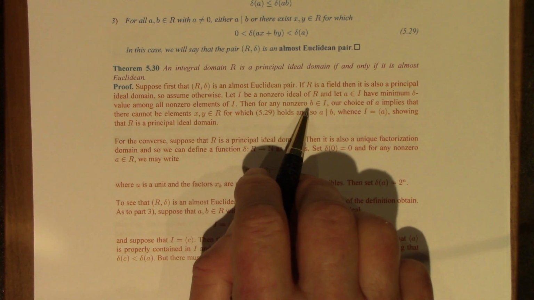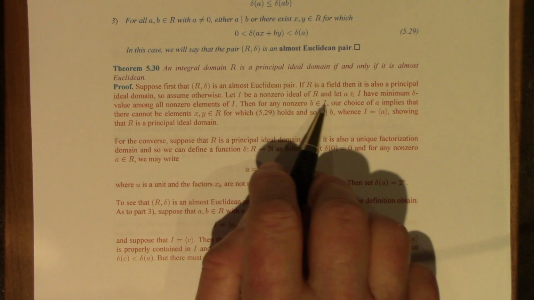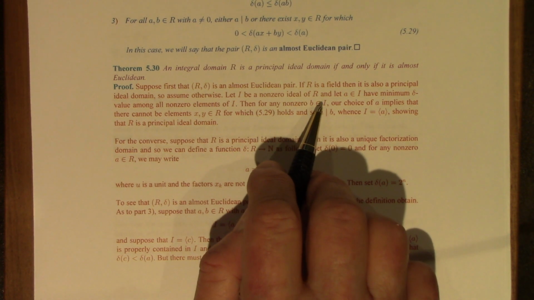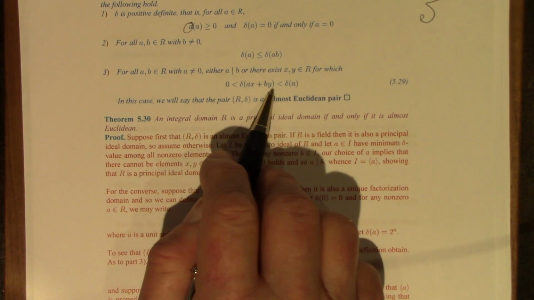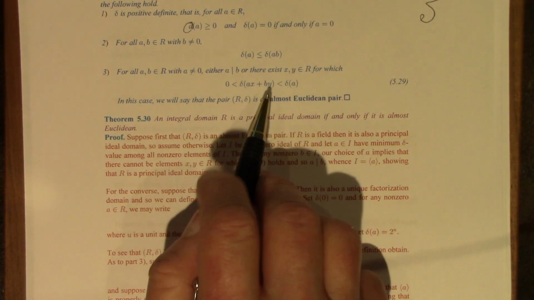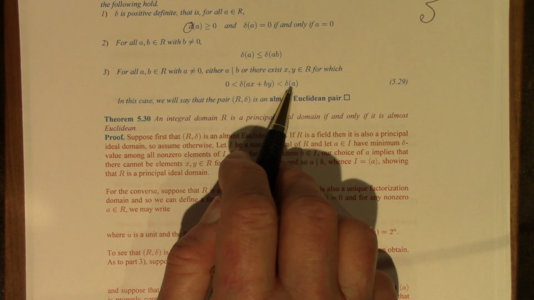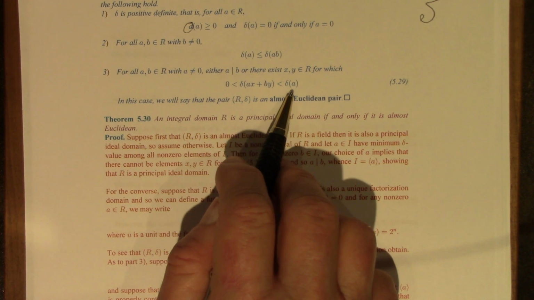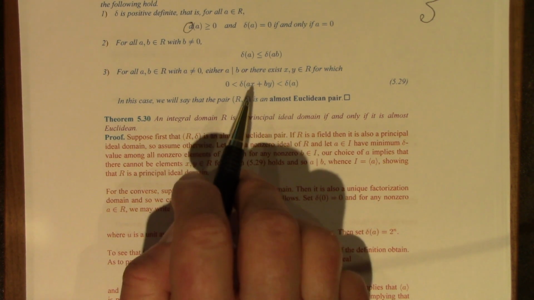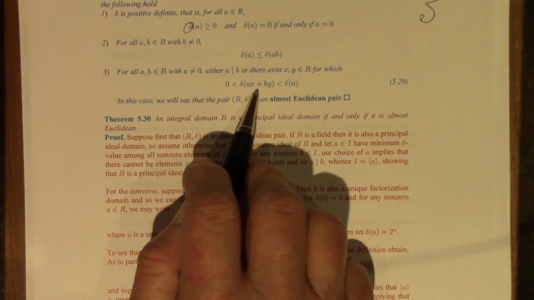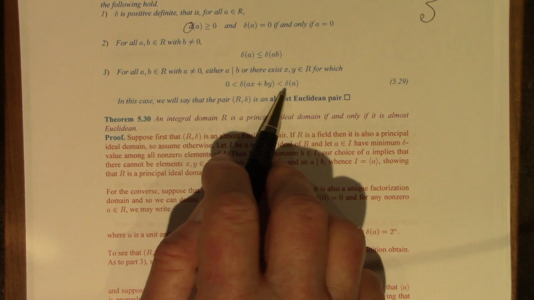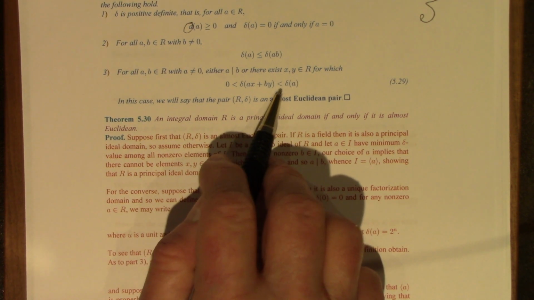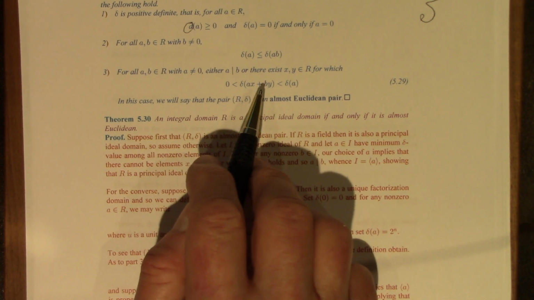Then for any element of the ideal, B in I, the choice of A implies that this set of inequalities cannot hold, because delta A is minimum among the non-zero elements in I. This is in I because A and B are in I. And so for this to be a strict inequality, AX plus BY has to be 0.